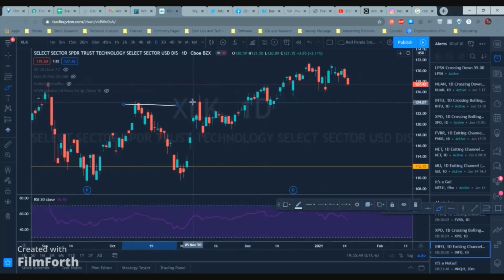And as it comes back, I would have been looking for another area to find my entry. I could wait for the support area for it to come back here, and this is why you have to have multiple days of entry points when it comes to stocks.